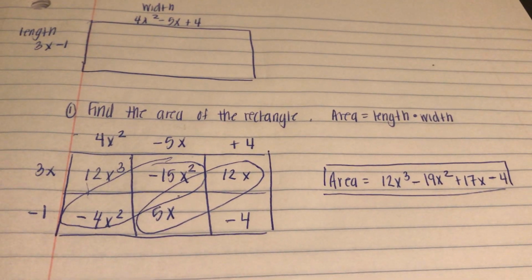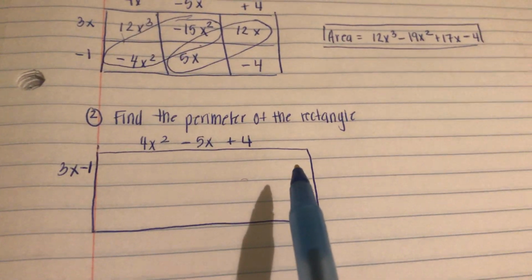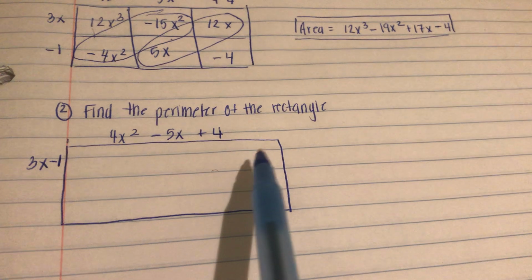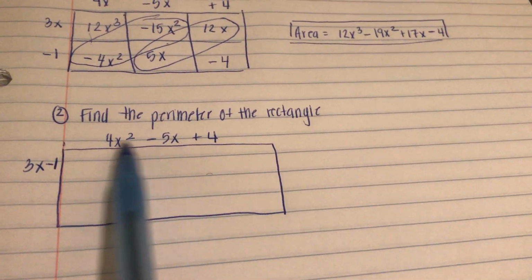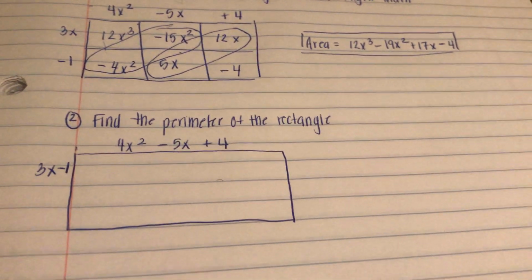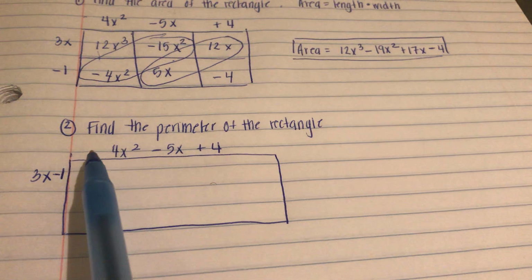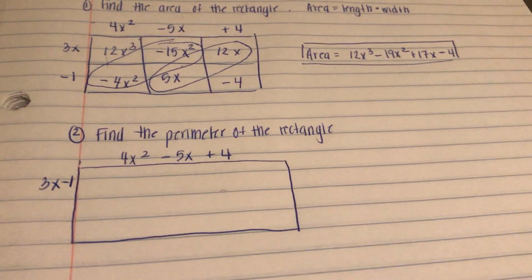Now the next question asks us to find the perimeter. The perimeter for a rectangle is just the total outer length of the rectangle. That's what the perimeter is. So basically you add the lengths and the widths all together to find the perimeter.